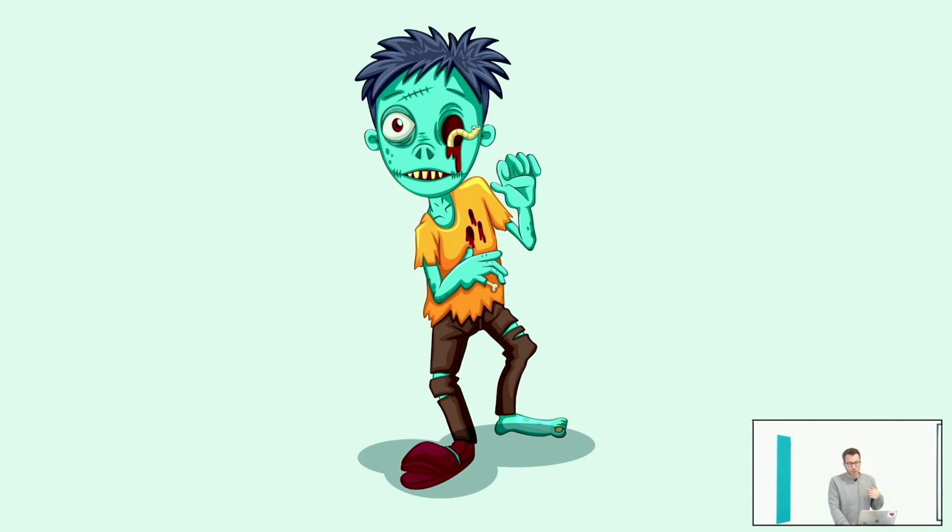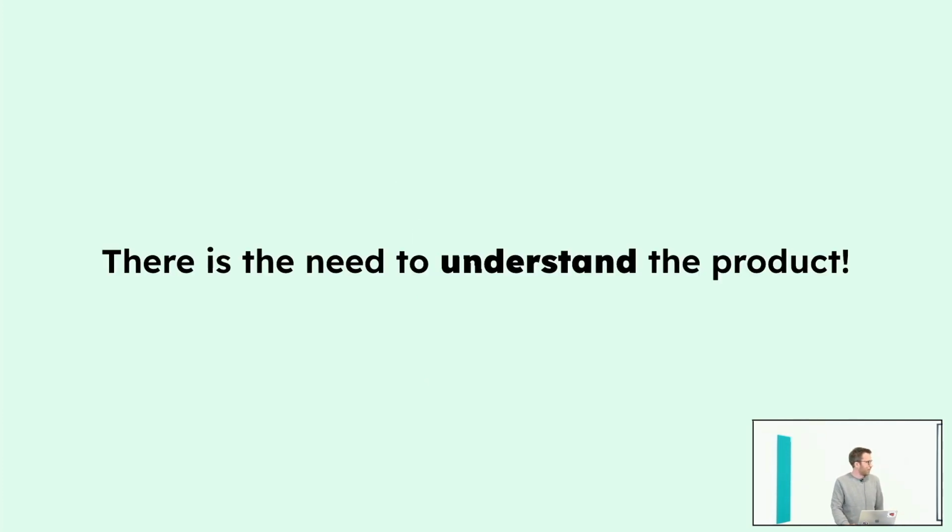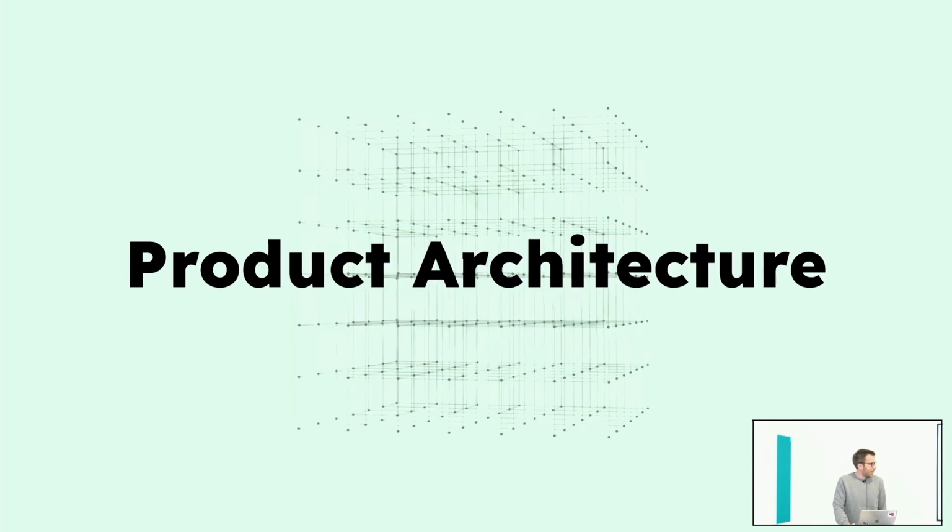And I myself also created a lot of these Frankenstein's monsters. And most of the time, the problem is they have no soul. People want to have products that have a soul. So there is a really important need to understand the product. And this is where product architecture, or the idea of product architecture, is starting.